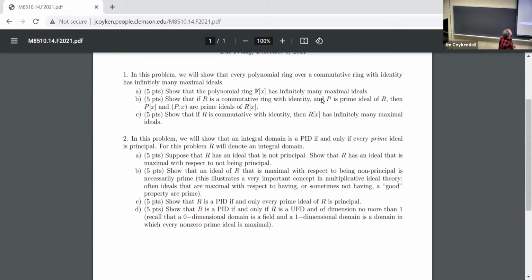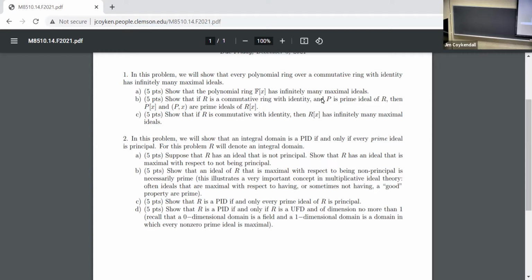Show that R has an ideal that is maximal with respect to not being principal. If this sounds like it's Zorn's lemma, then it is. B, show that an ideal that is maximal with respect to being non-principal is necessarily prime.